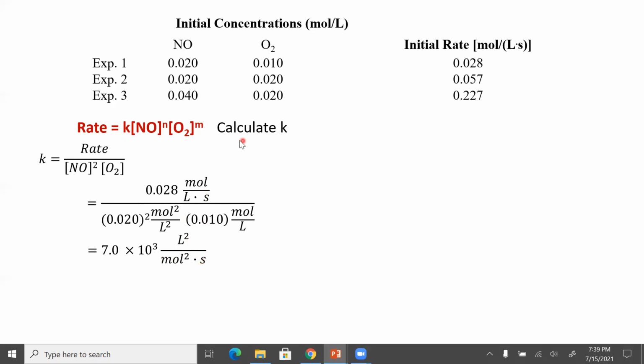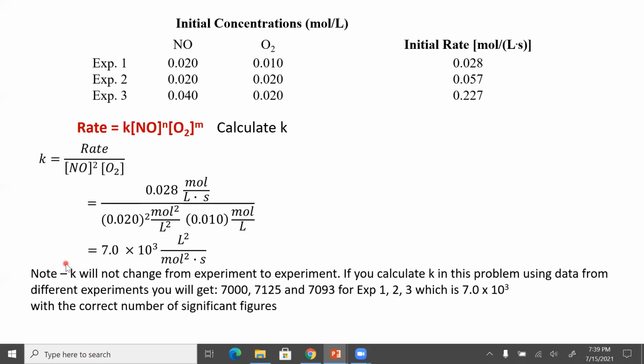And depending on the overall order for the reaction will determine what the units are for K. They're going to be different for every type of order of a reaction. So we've got 7.0 times 10 to the third liters squared per moles squared seconds. K is a constant.